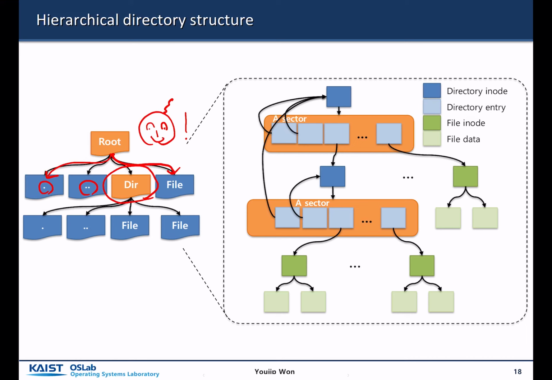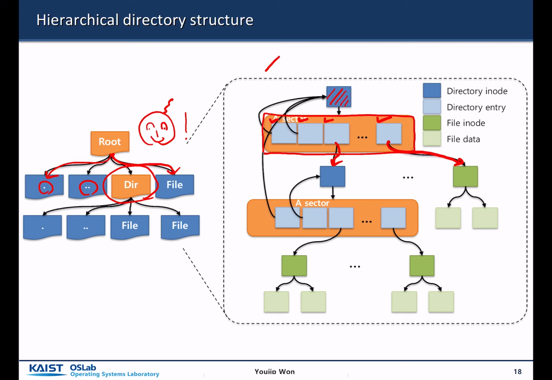So let's look at the details. Let's say this is the root directory, and then there is an inode. The inode points to the data blocks of the directory, and each of these is a directory entry. Directory entries may refer to a normal file or to another directory.